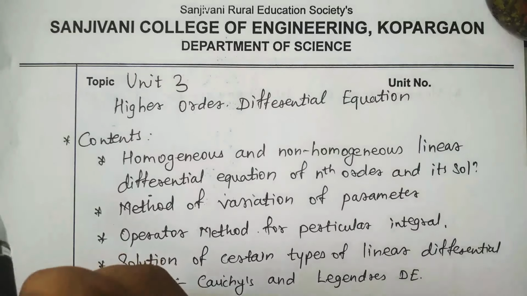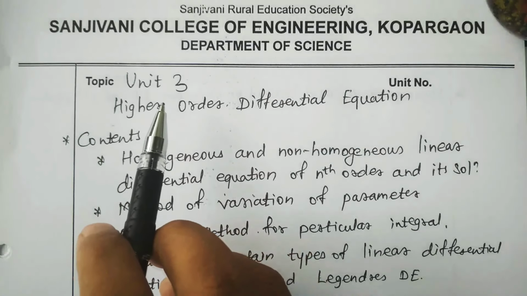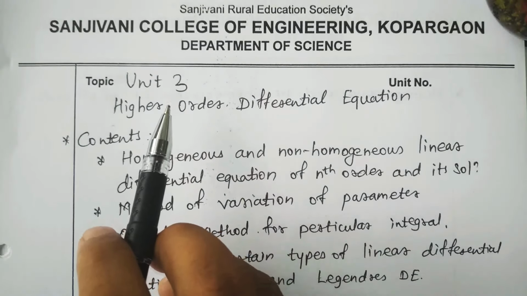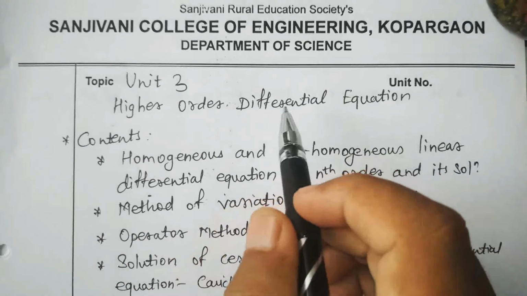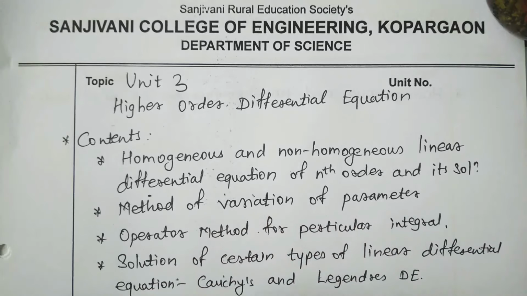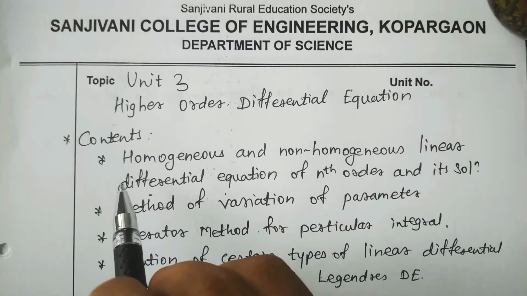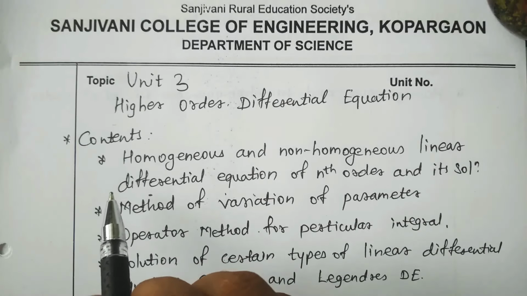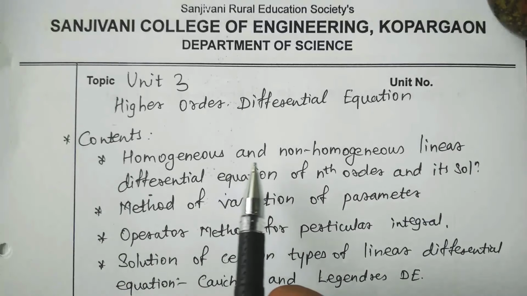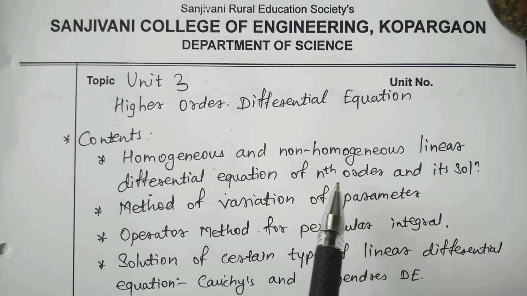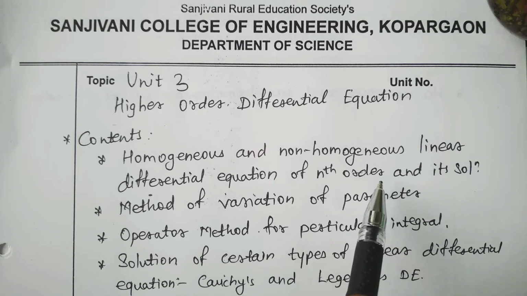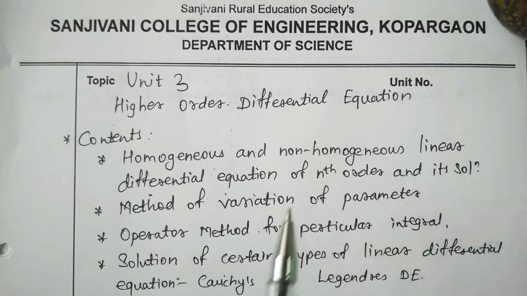Today we are going to start unit number 3, higher order differential equations. So what are the contents of this unit? In this unit we are going to learn homogeneous and non-homogeneous linear differential equations of nth order and their solutions.